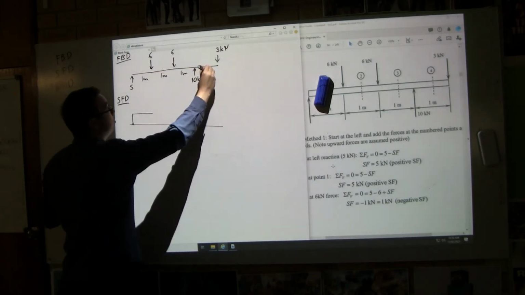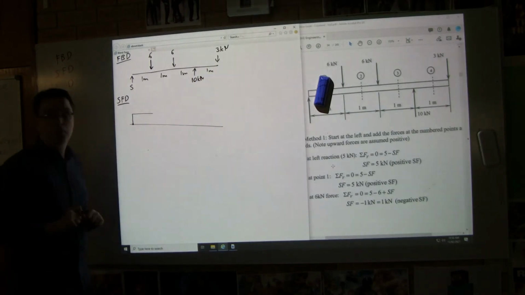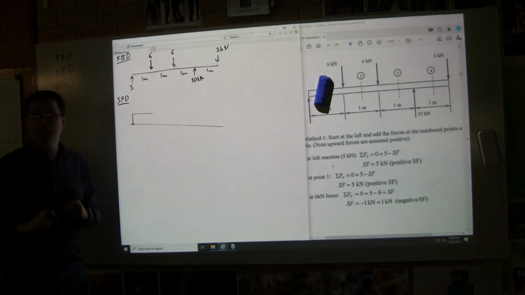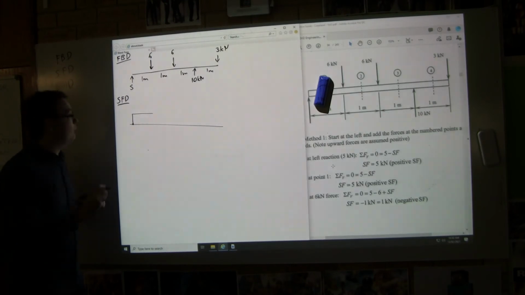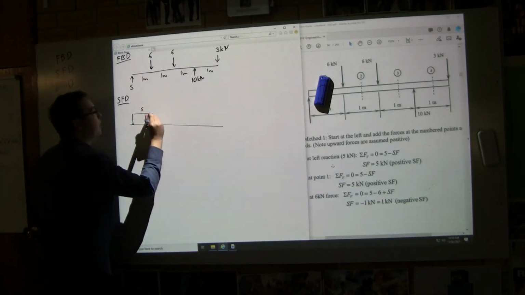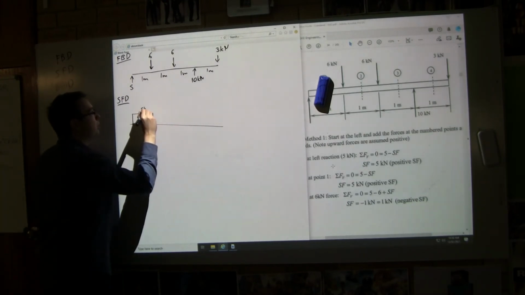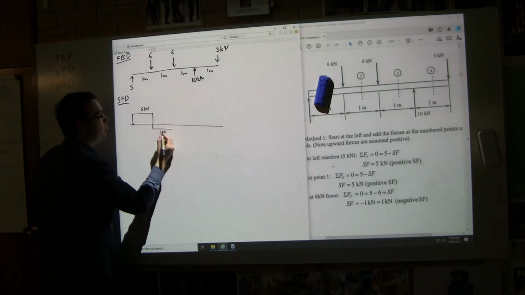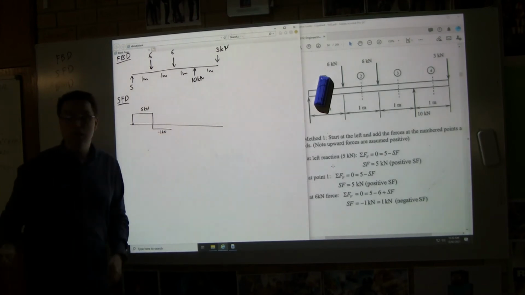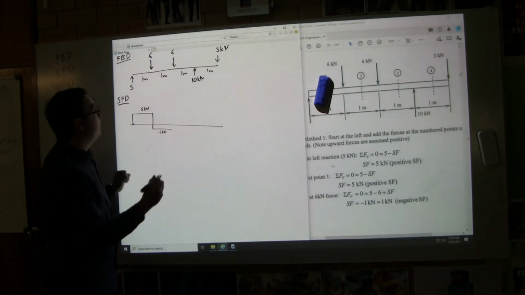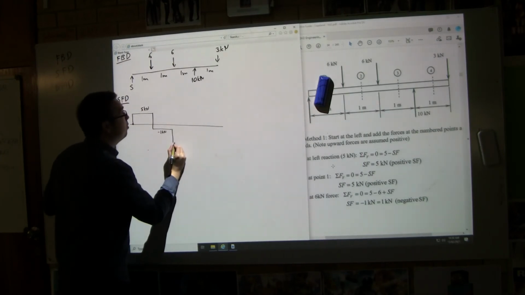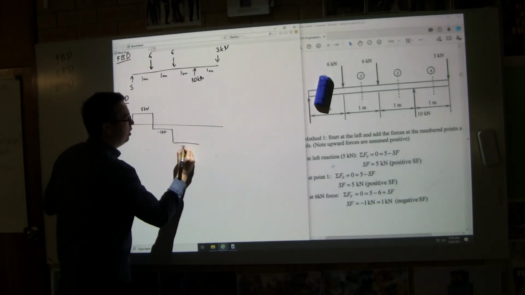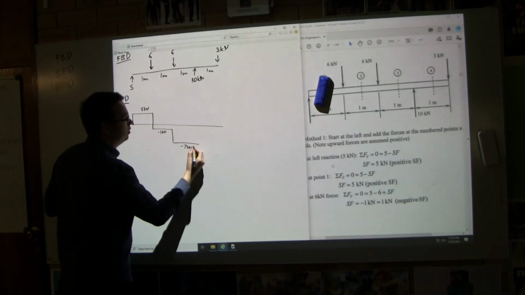So, the shear force diagram walked across 1 meter. And then a big scary force, 6 down, came along. And so that 5 went down to 1 kilonewton, and it was now at minus 1 kilonewton. And then, if that wasn't scary enough, another scary 6 came along, and now it was minus 7 kilonewtons.